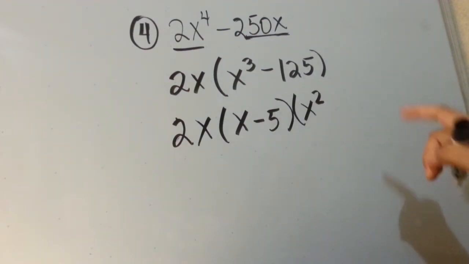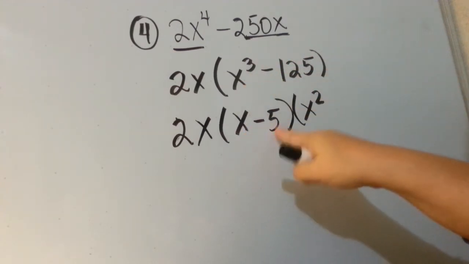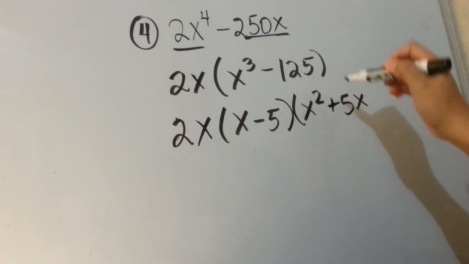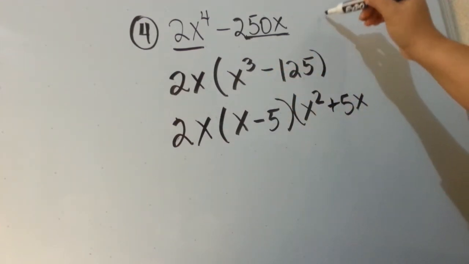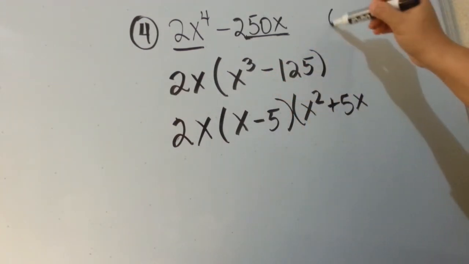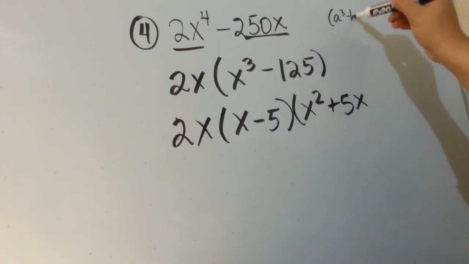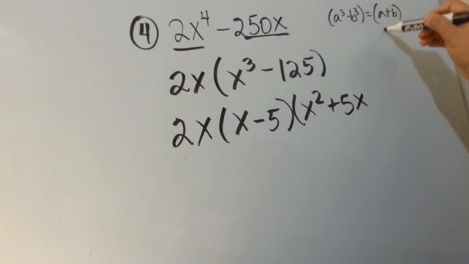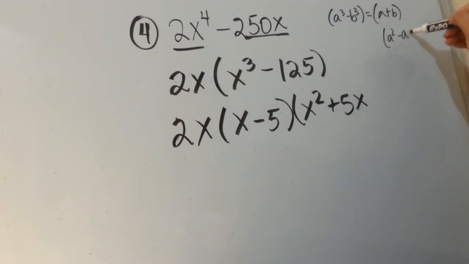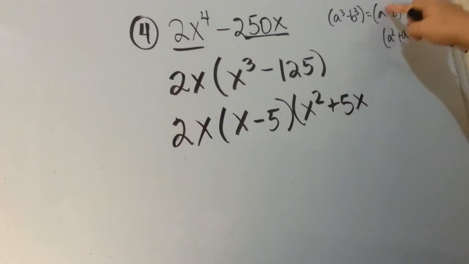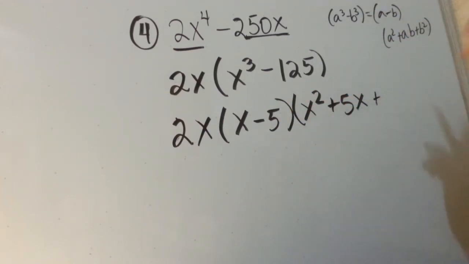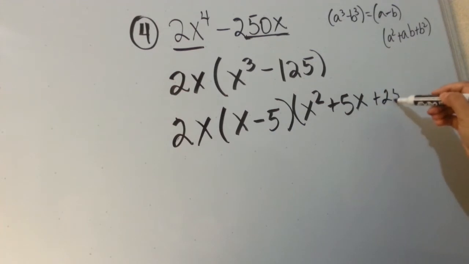x minus 5, times x squared plus 5x, right, because when it's a difference like this, you get a minus b times a squared plus ab plus b squared. I lied, this one's plus, and this one's minus, minus, plus, plus, and this one's plus 25.